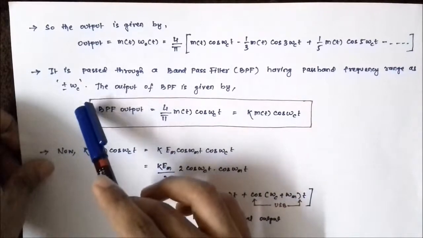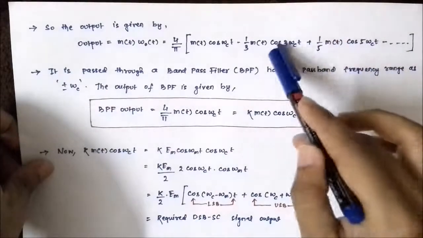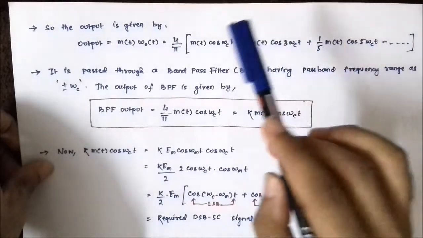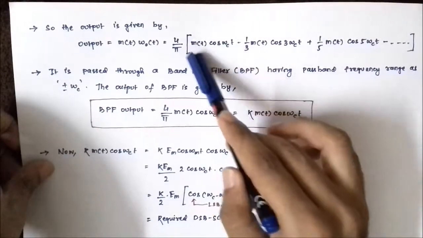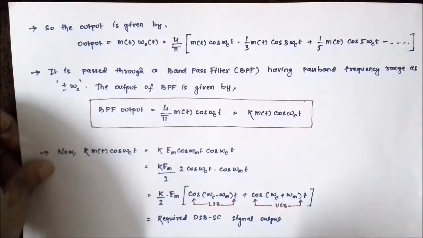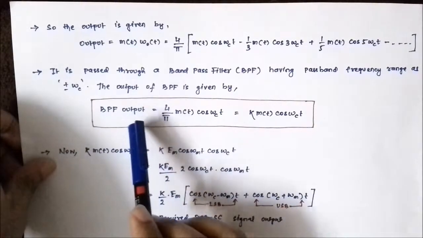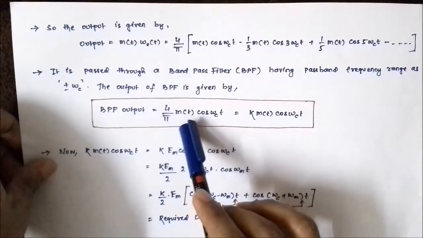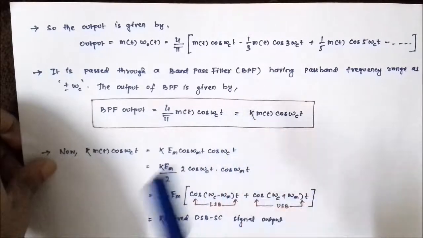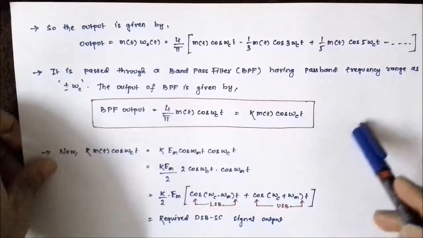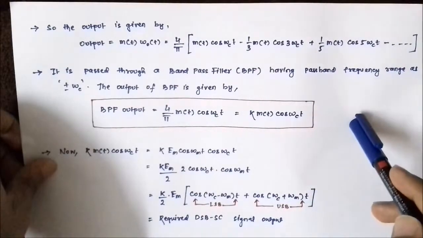As a result, these frequency components will get suppressed, and only this part will be passed. So the output of the band pass filter is 4 by pi m(t) cos omega ct, which is equal to k m(t) cos omega ct. This is the required DSB-SC signal.